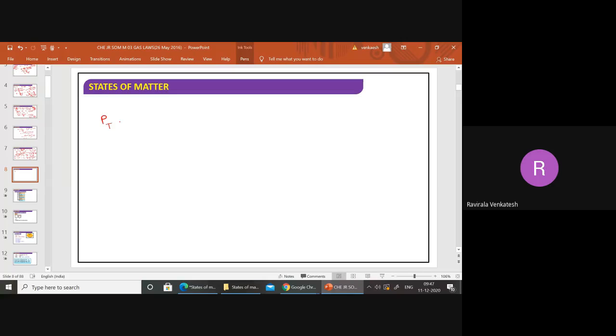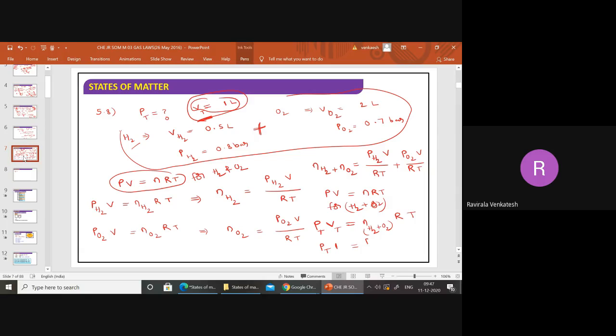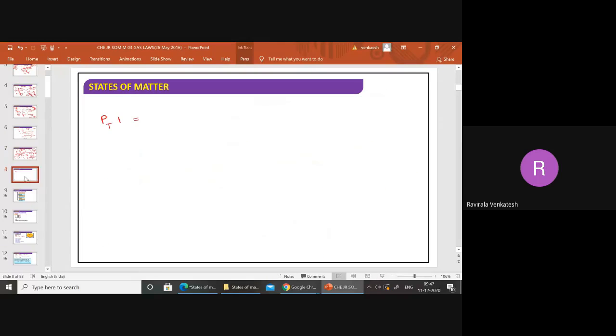Volume I have taken 1. Total number of moles, how much we got, beta? For this one, what is the volume of the hydrogen, beta? 0.5 liters. First of all, I will substitute that one.